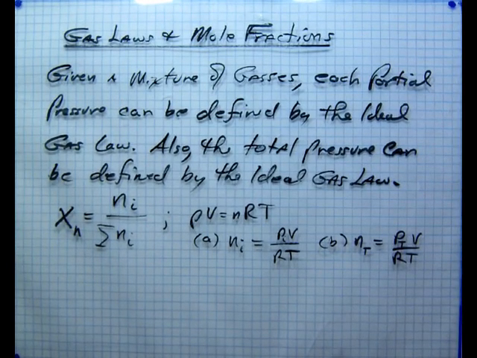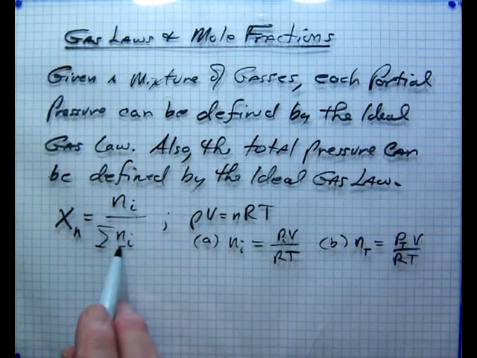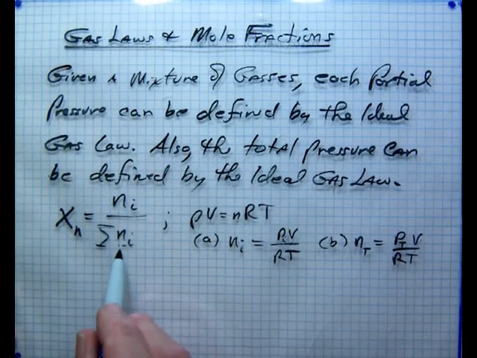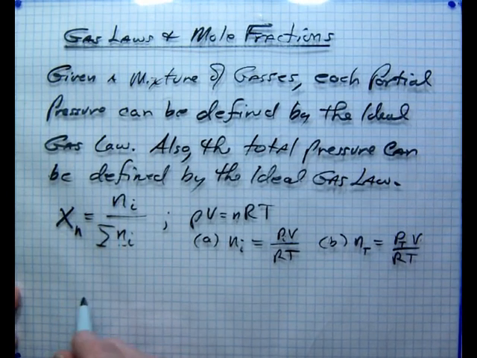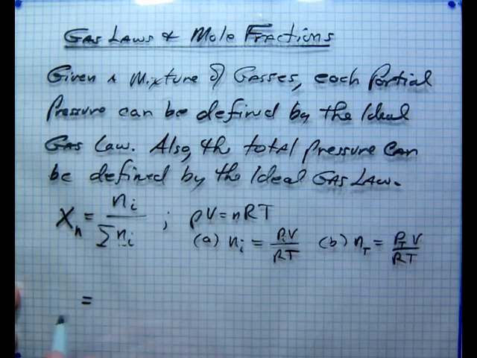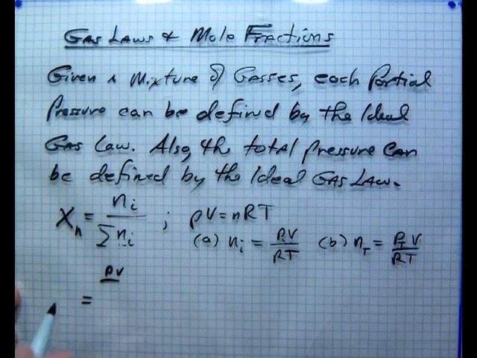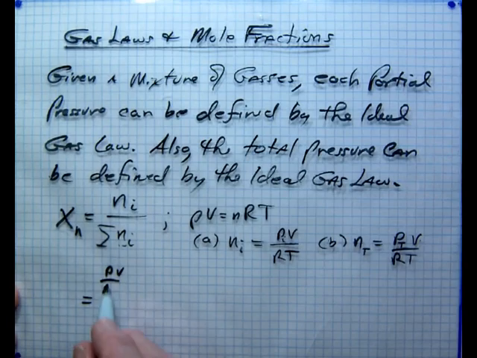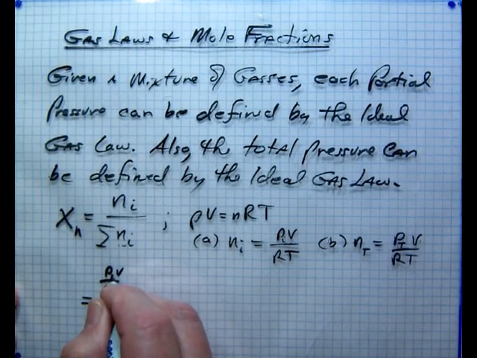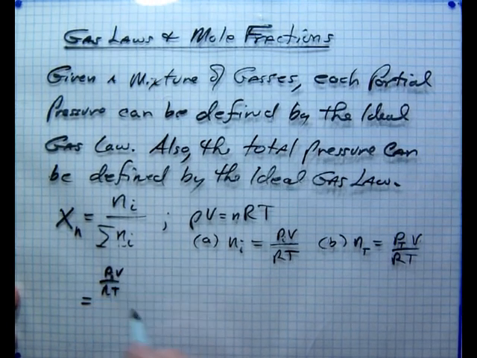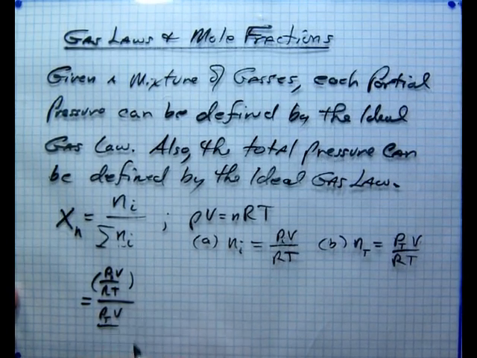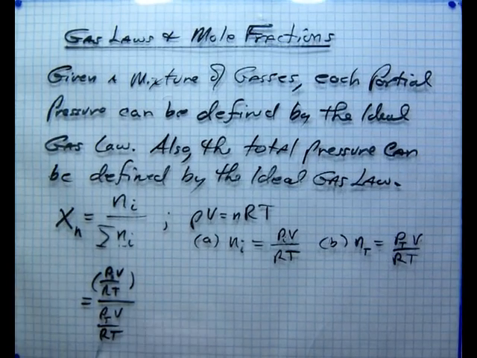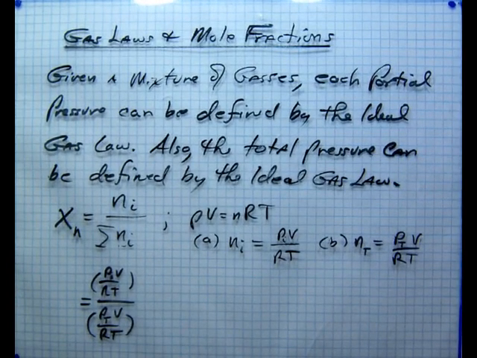So B is for your total sum, and i is for the numerator. We can set this up as P individual V over RT, that's the individual partial pressure, divided by P total V over RT.